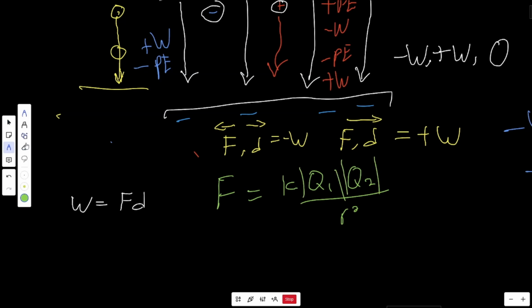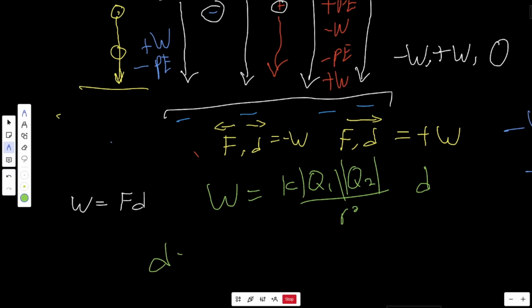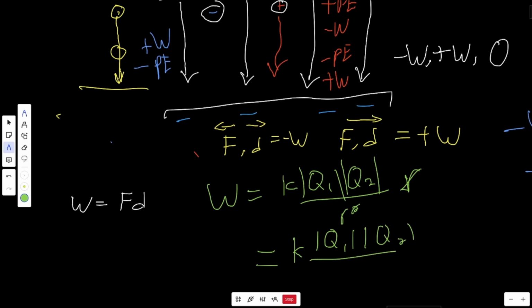So now let's try to integrate this with our work. All we have to do here is just replace this. Now we'll multiply to the displacement. But displacement is a measure of distance, and R is also a measure of distance. So we can say that D can be equal to R. So we'll just replace D with R, and they cancel each other out. So our electric work or electric potential is actually equal to just K Q1 Q2 all over R.